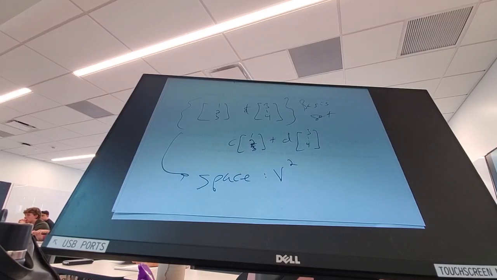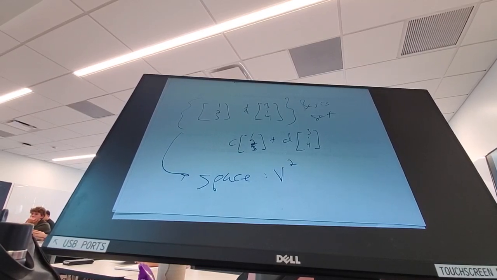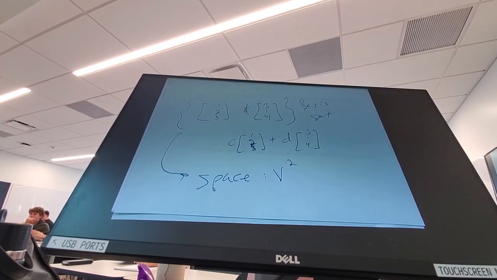What's true about two vectors that want to span R squared? One has to have a component that is perpendicular to the other. Because what's the only way that I can have two vectors that don't span R squared? If they are multiples of each other.